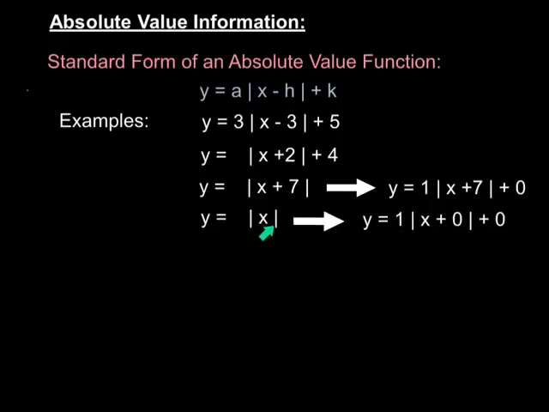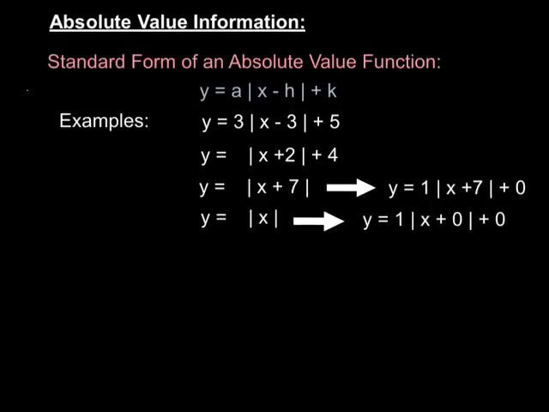And there is a value for h here, which would be a plus 0, because x plus nothing is still x by itself. And then at the end, I have to add a k of 0, because the absolute value plus nothing is still the absolute value of x. So you can see that these gaps get filled in.